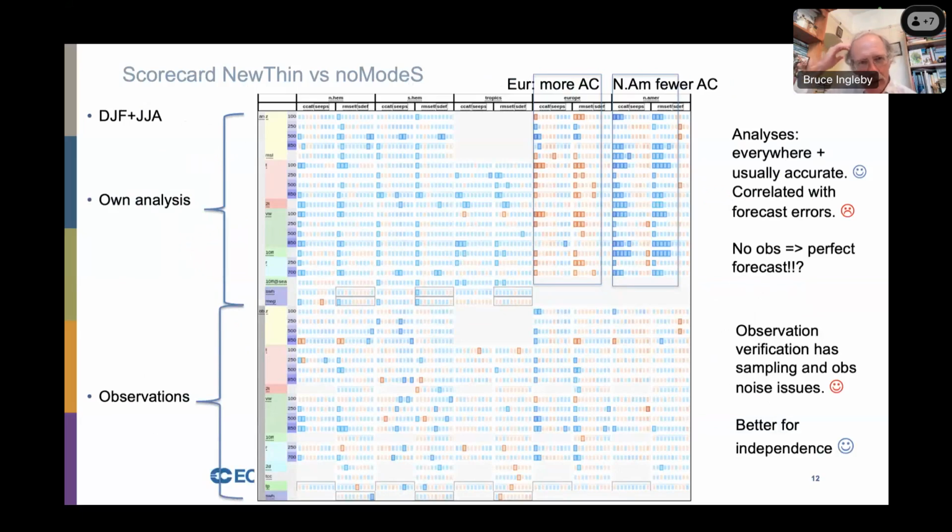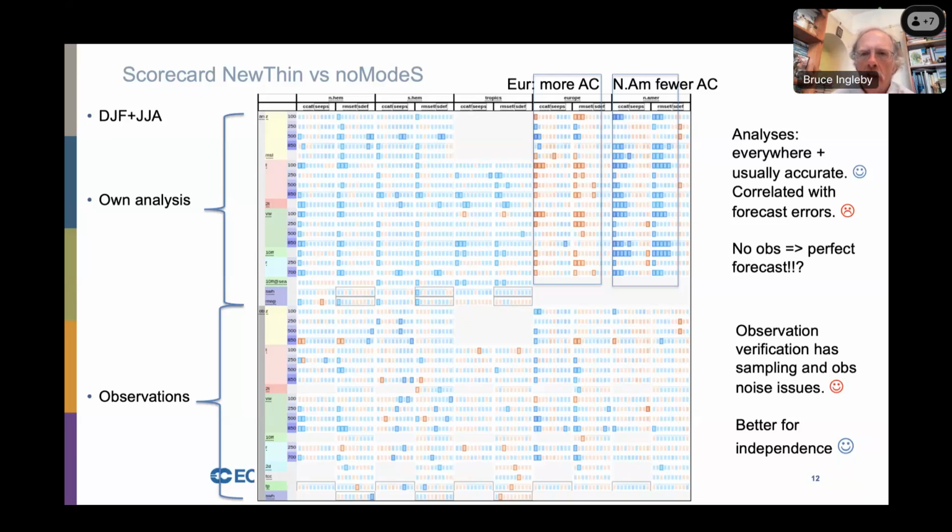And this is what we call a scorecard for this work. The top half is verification against own analysis, and the bottom half is verification against observations. The right-hand columns are Europe and North America. Europe looks very good against radiosondes, and it looks awful against own analysis.